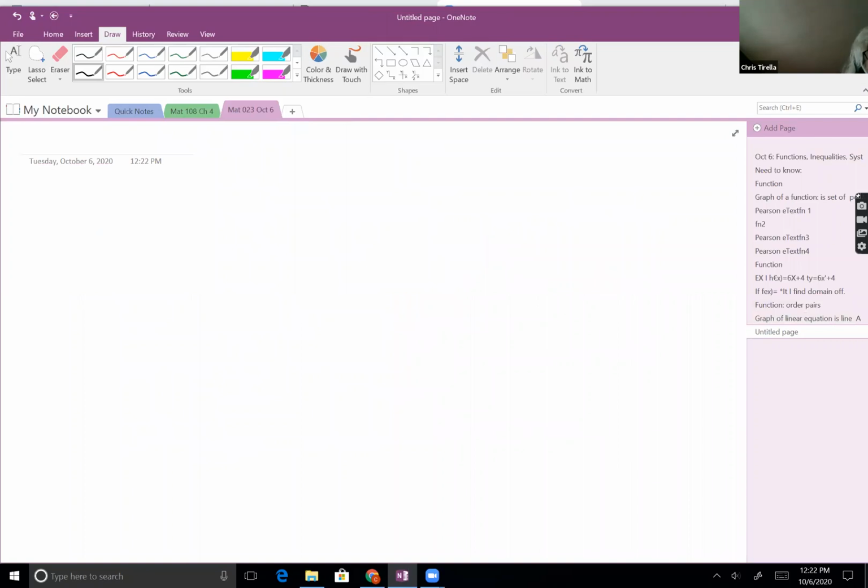So first example, let's graph 3x plus 3y is greater than 3. First of all, does everybody notice this is not an equation because there's no equal sign?